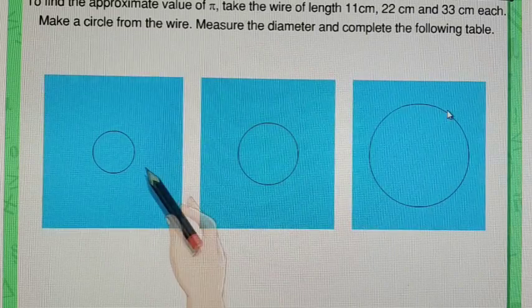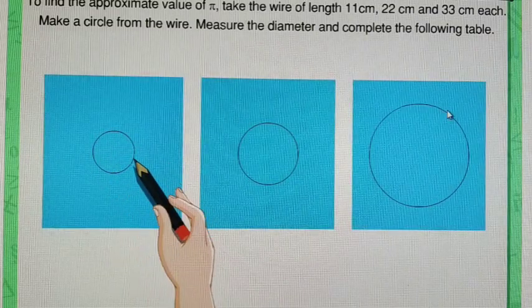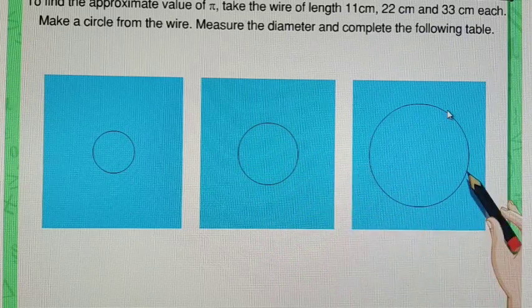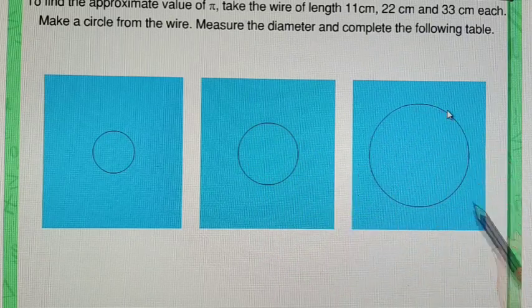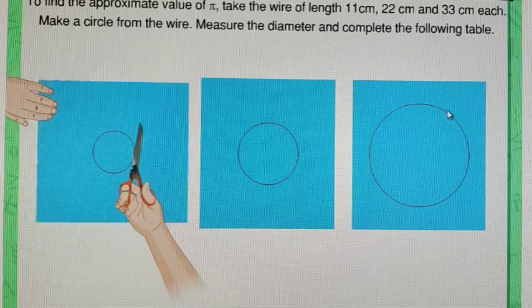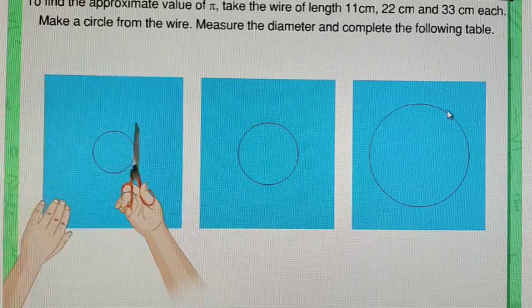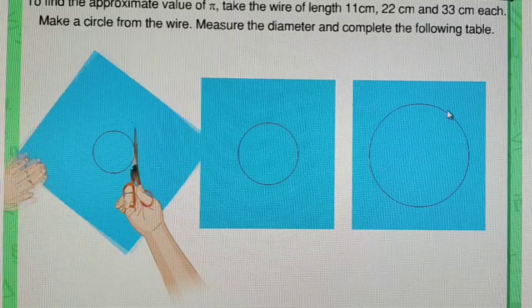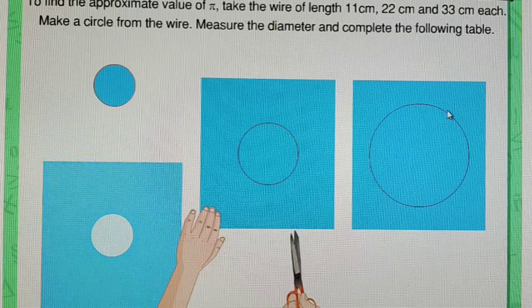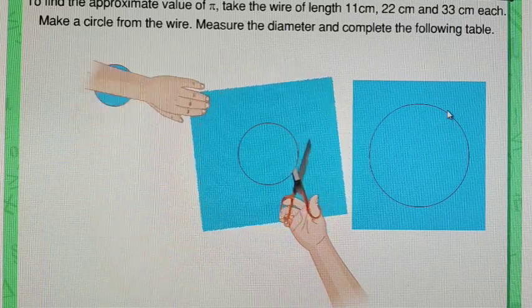And now we will measure its diameter, radius and circumference. Again, as we have done in activity 1, we will take a paper and cut the circles using a scissor.